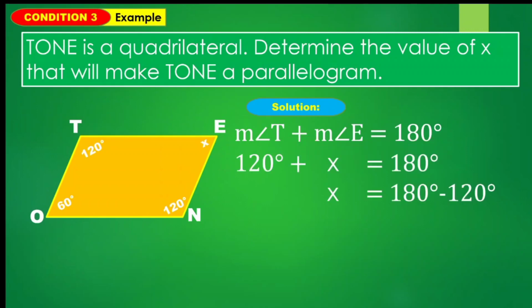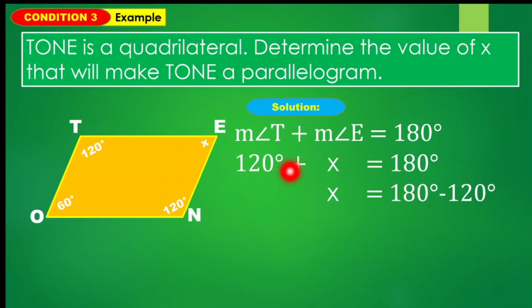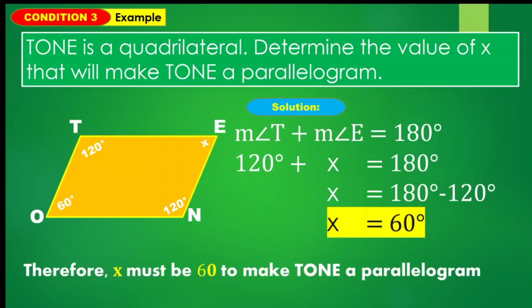To substitute, that would be 120 for the measure of angle T, the measure of angle E is x, is equal to 180. Okay, so 120 plus x is equal to 180. So we are going to transfer 120 to the other side. That's why 180 minus 120. So what is 180 minus 120? Therefore, you would have x is equal to 60 degrees. Okay? I think that is very clear. Now, therefore, x must be 60 degrees to make TONE a parallelogram.